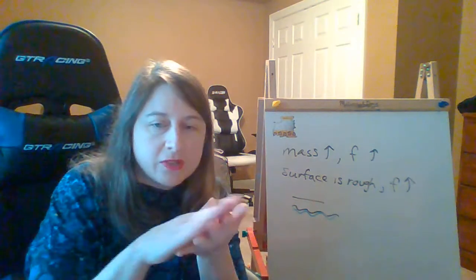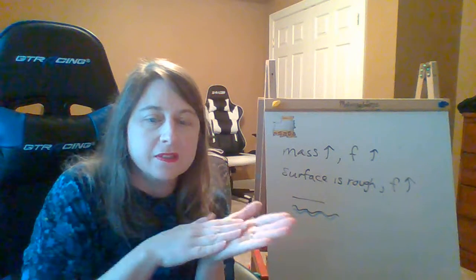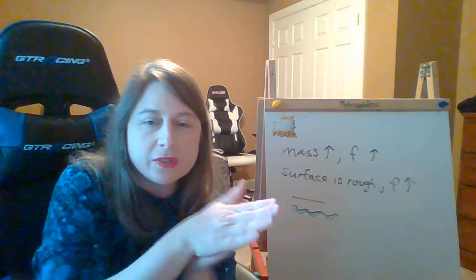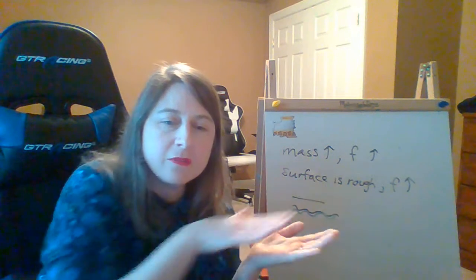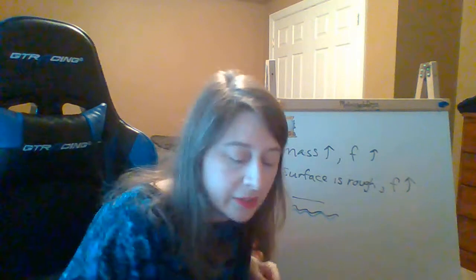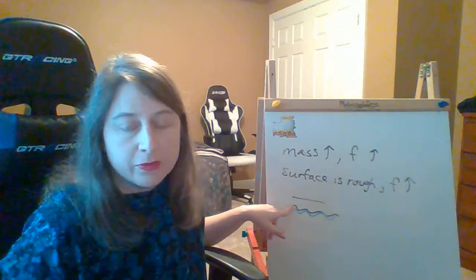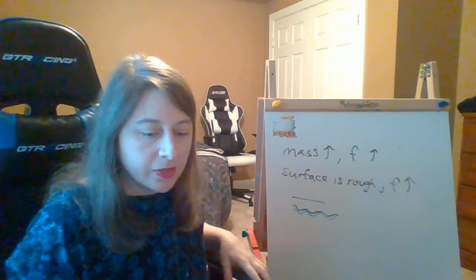Also, the electrons on the surface of both of the substances repel each other. And so you get a little electrostatic force as they move past each other, and that also resists motion and increases friction. So the bump and groove or the electrostatic interactions cause friction.